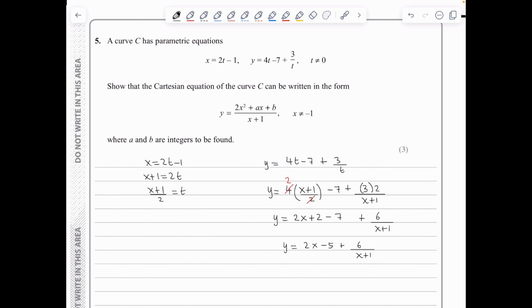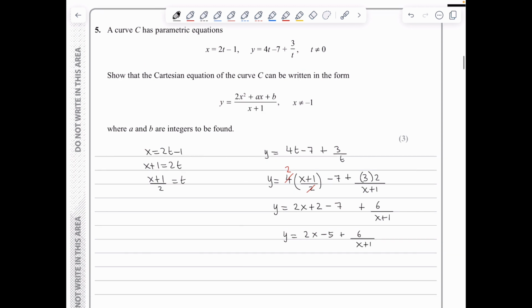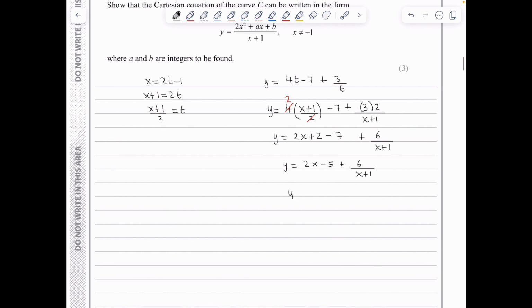I will multiply throughout by x + 1 to express everything over the denominator of x + 1. So it's (2x − 5)(x + 1) + 6, and all of it over x + 1. I will now expand the numerator to get 2x² + 2x − 5x − 5 + 6 over x + 1.